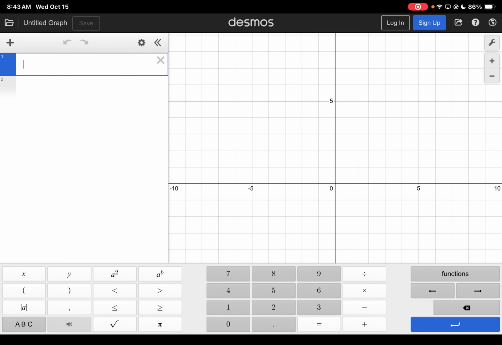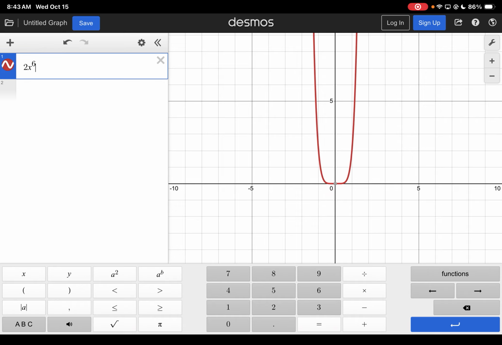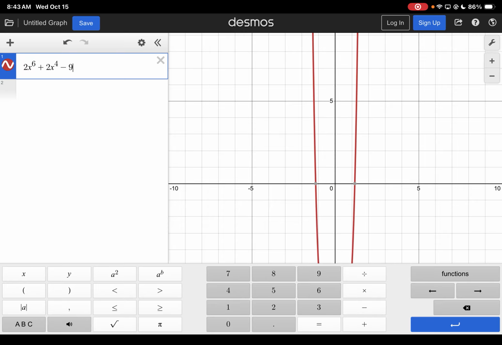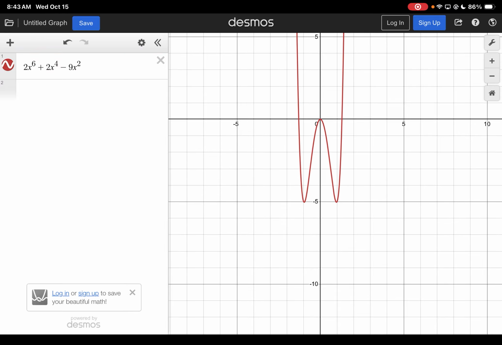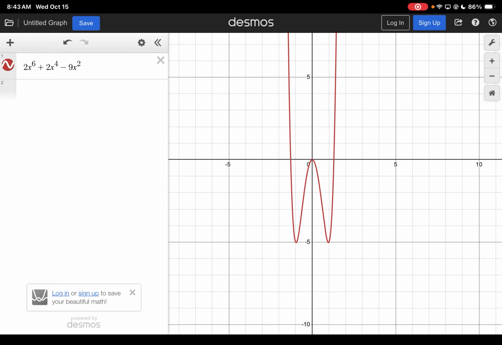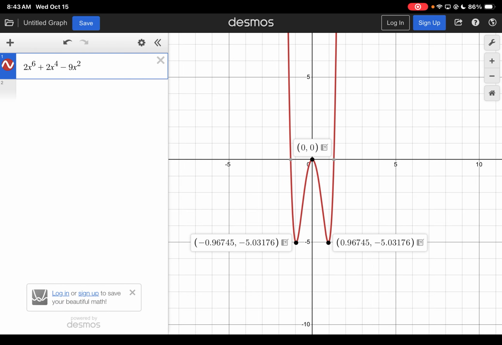So our first function was 2x to the 6th plus 2x to the 4th minus 9x squared. Okay. So for me, I'm going to take a screenshot where I've tapped, and for you, you would click the low points and high points, the hilltops and the valleys.